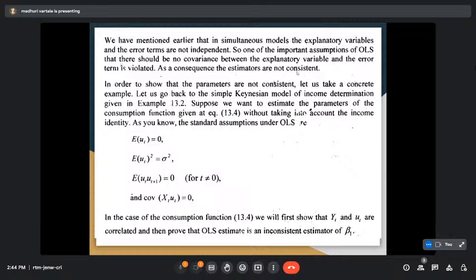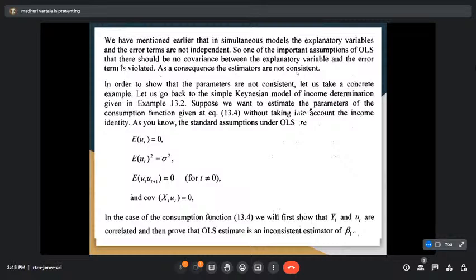So we have mentioned earlier that in simultaneous equations the explanatory variables and error terms are not independent. So one of the important assumptions of OLS, that there should be no covariance between the explanatory variables and the error terms, is violated. As a consequence, the estimators are not consistent.